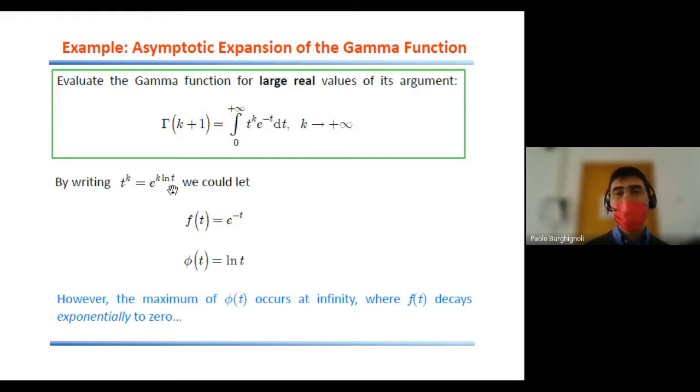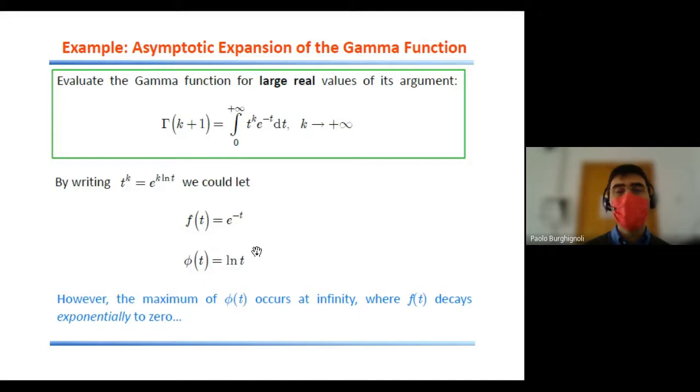So in this case, we would recognize as the function f the exponential e to minus t, and as the function phi the logarithm function. However, if we do so, we find a difficulty in that the maximum of the function phi occurs at infinity, where, however, the function f decays to 0, and it does so violently because it's an exponential decay.